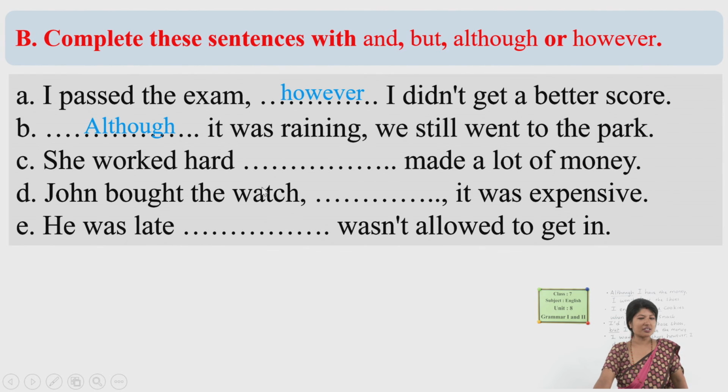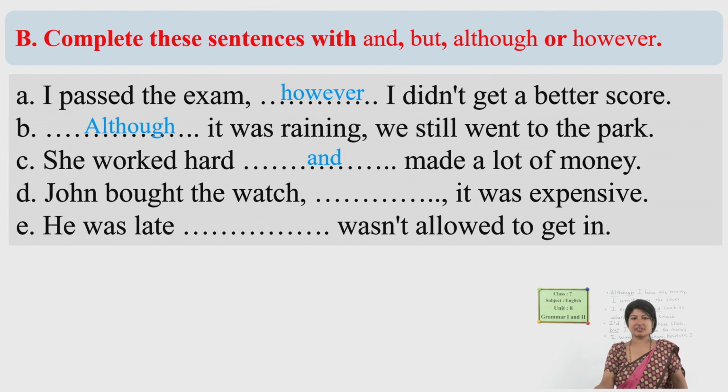I hope you are guessing correctly. Your guess is right. Number C. She worked hard, blank, made a lot of money. What is the word that fits over here? So the connective that fits into this blank is and. She worked hard and made a lot of money.